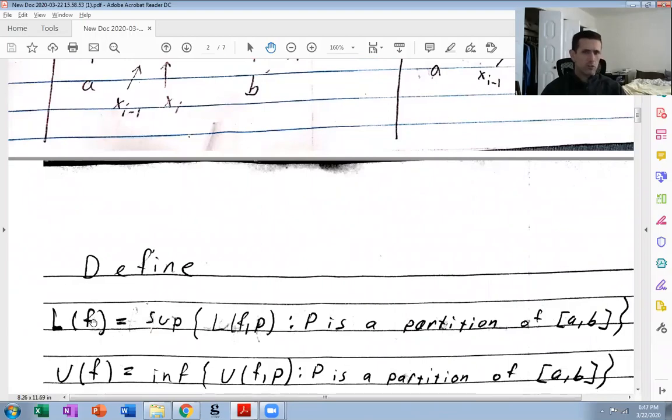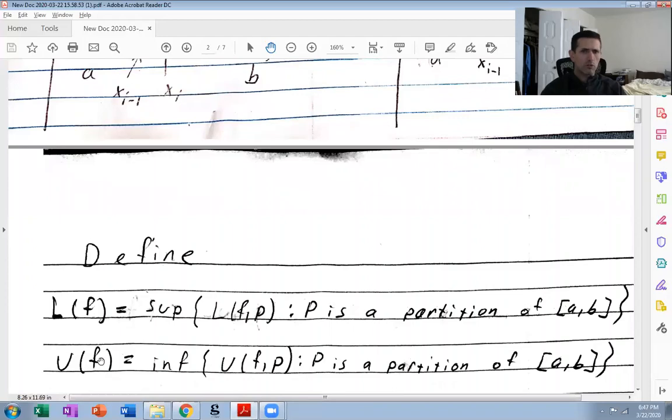lower Riemann integral of f on a to b to be the supremum of all these lower Riemann sums. And the upper Riemann integral of f from a to b is going to be the infimum of all these upper Riemann sums.